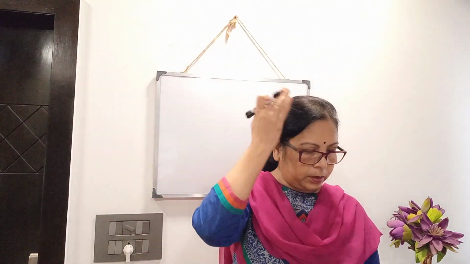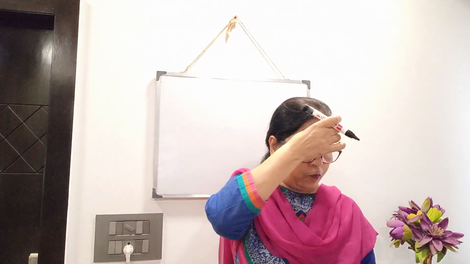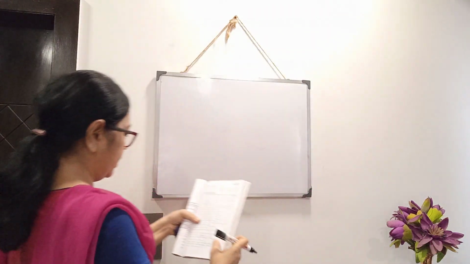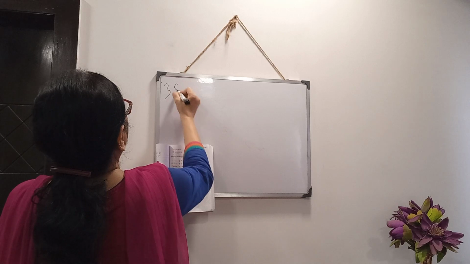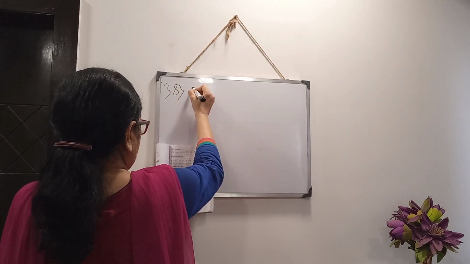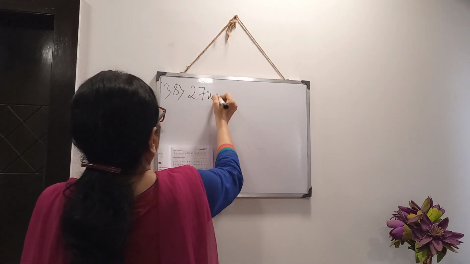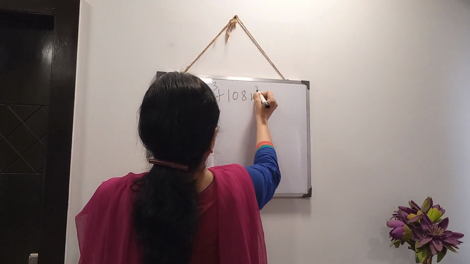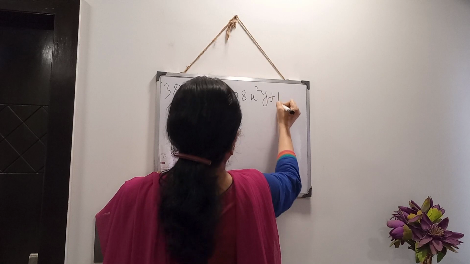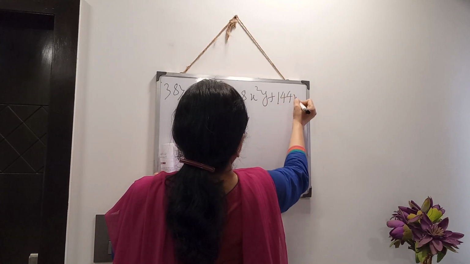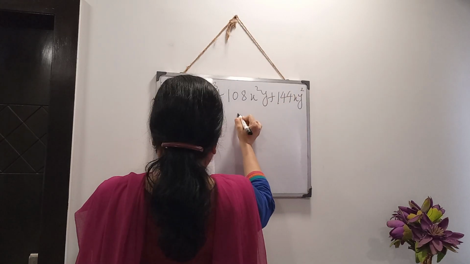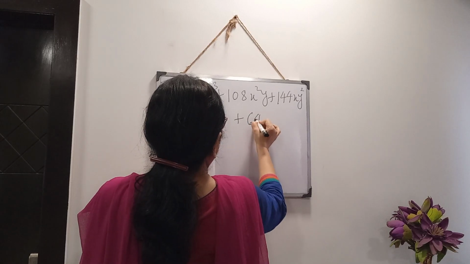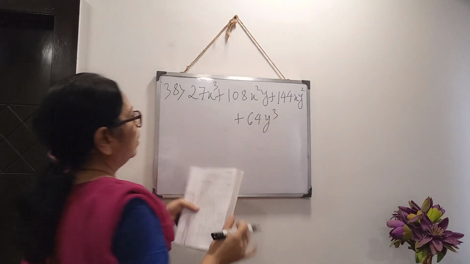The next one is given in two variables, x and y. Okay, 38. There are two variables, x and y.